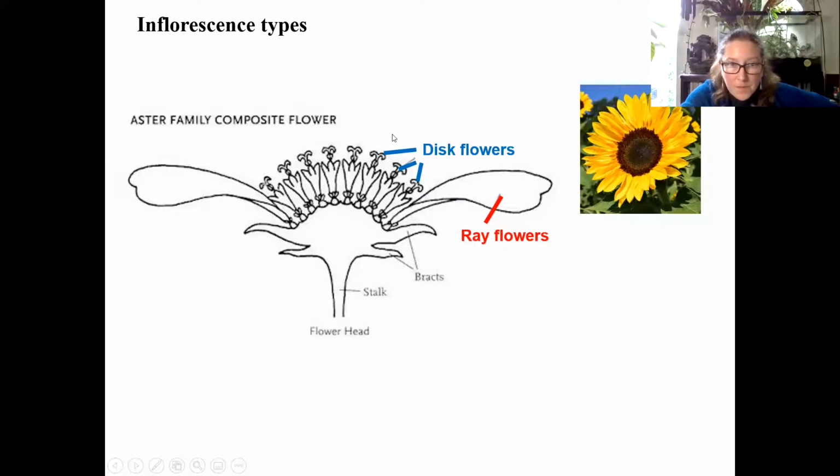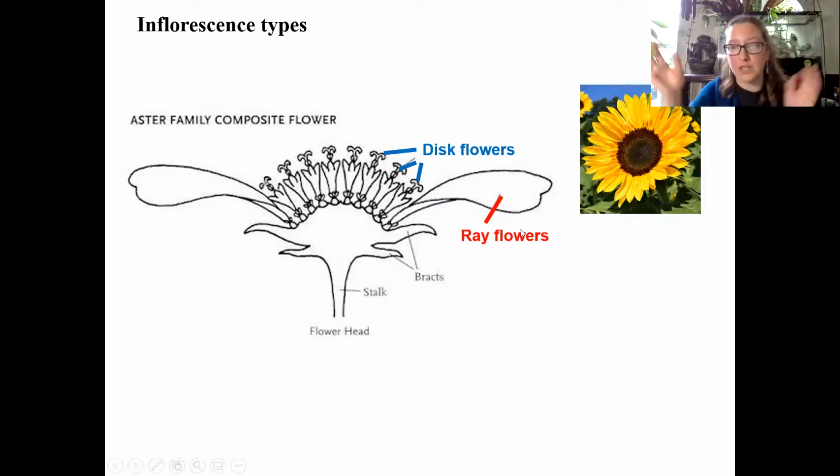So if you can see here, I should say, I'm not 100% sure here, but I'm pretty sure. Ben, correct me if I'm wrong here, but I think the ray flowers are mainly just a petal at this point, and maybe the remainder of a sepal.